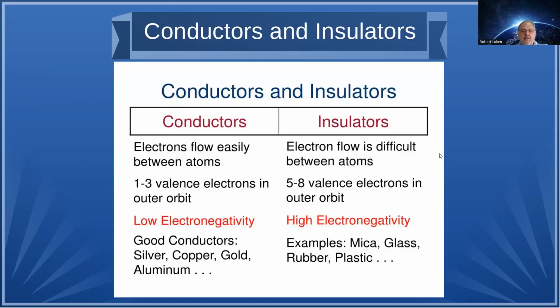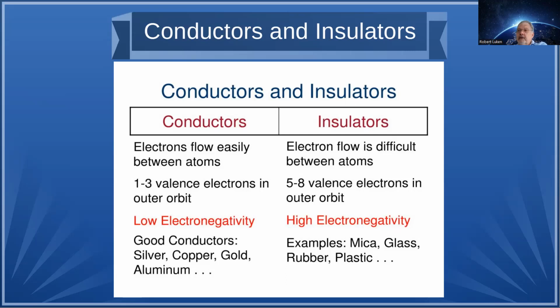So when we talked about the atom models, and we talked about the outer electron shell or orbit, depending on which model you use, it's called the valence shell or the valence energy band. And the electrons in that valence band can number anywhere from 0 to 8 electrons.